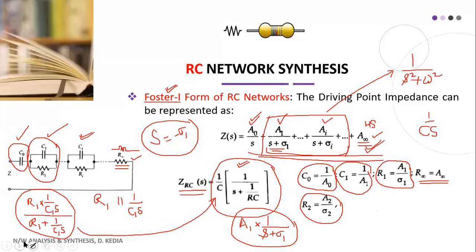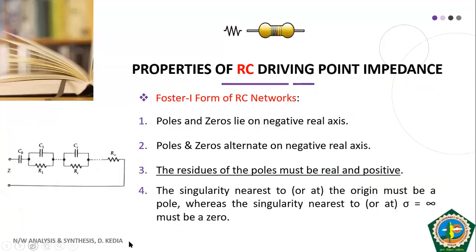So students, now let us move to the next slide. Here I am telling you the properties of RC driving point impedance, because we are talking about RC network for Foster 1 form of representation. For the time being, I advise you to just memorize these properties.